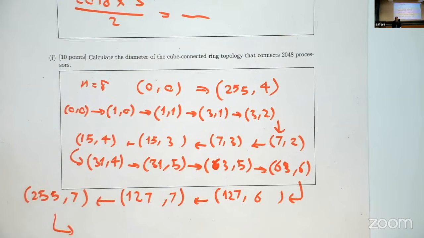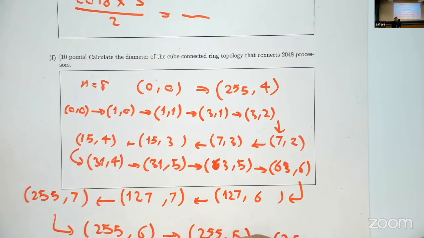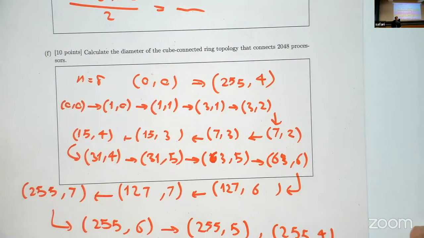Okay, now we are in the final ring. The rest is easy, actually. Okay, so then you need to count the number of hops, which then is going to be 18.